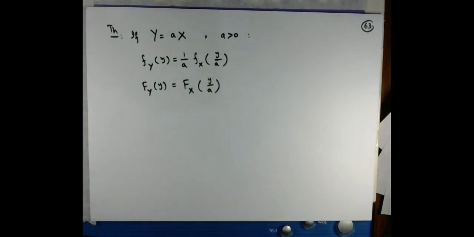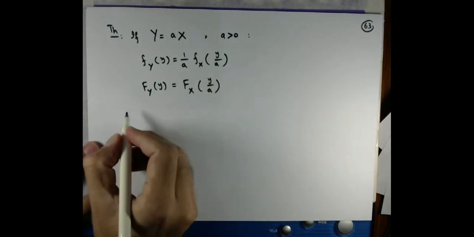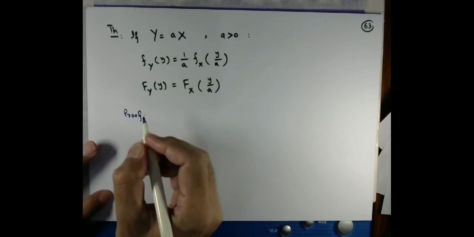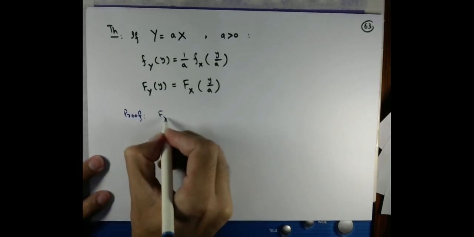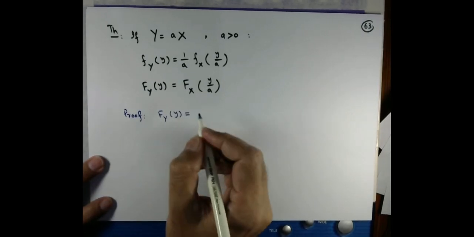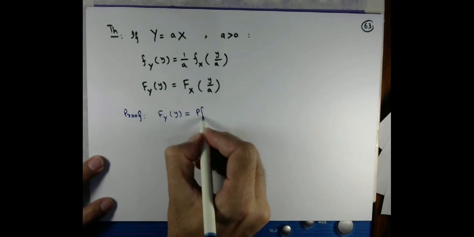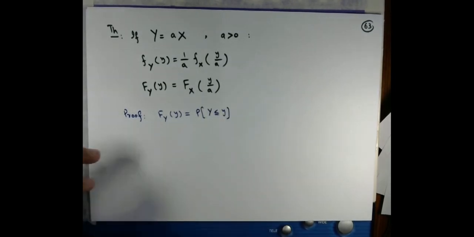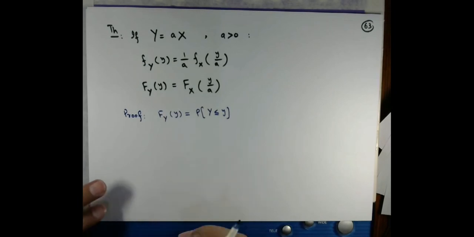Let me prove this. So as a proof, f sub y of y can be written as the probability that y is less than or equal to some number. This is by definition.